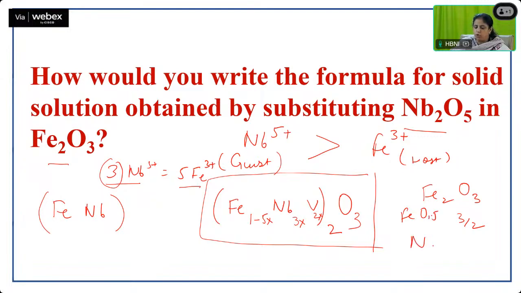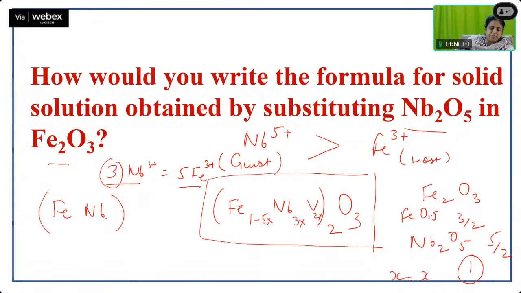In the case of Nb2O5, for every Nb, I have 5 by 2 oxygen. So how many oxygen are extra? 5 by 2 minus 3 by 2, that is 2 by 2, 1 oxygen extra. So x Nb would need x oxygen extra.